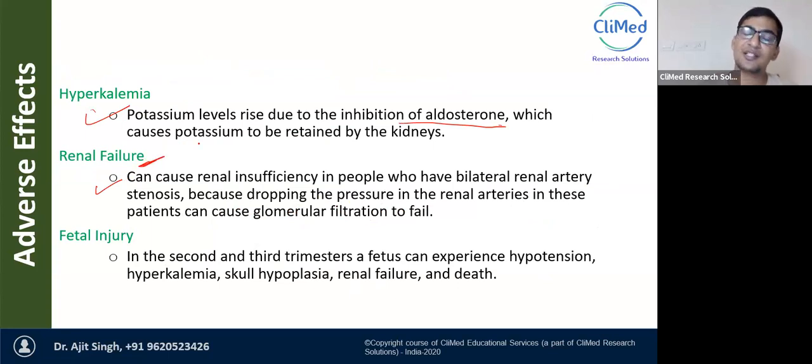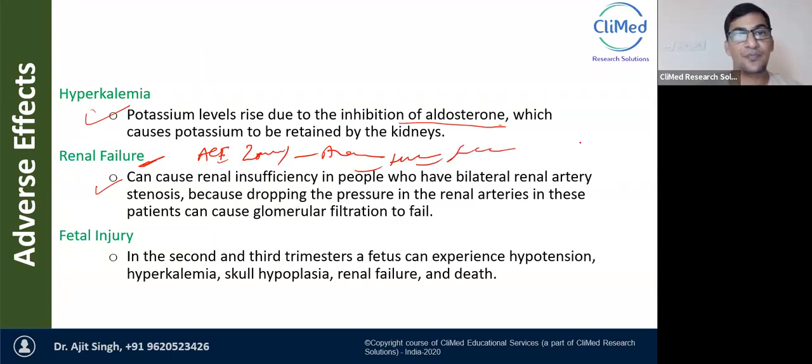Nowadays we can avoid it with the new modifications in the drugs. Low dose ACE inhibitors are recommended even in renal failure hypertensive patients or renal failure cardiac patients. Low dose ACE inhibitors can be given in such patients, right?